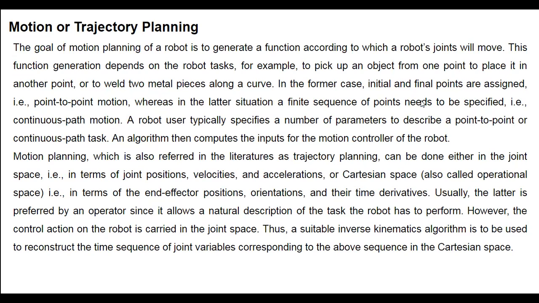Motion planning, which is also referred to in the literature as trajectory planning, can be done either in the joint space, that is in terms of joint positions, velocities and accelerations, or Cartesian space, also called operational space, that is in terms of the end effector positions, orientations and their derivatives.